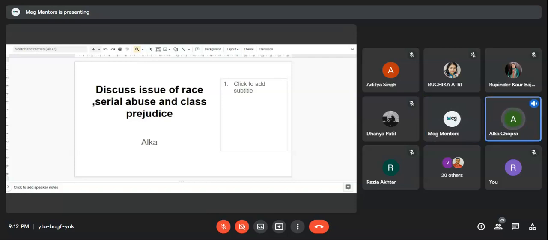I'm going to talk about how violently she has been treated by her father. I'll talk about how, not only Celie, but due to the race issue, her father was also mistreated and sexually abused. And I'll talk about how her sister was mistreated when she went there.